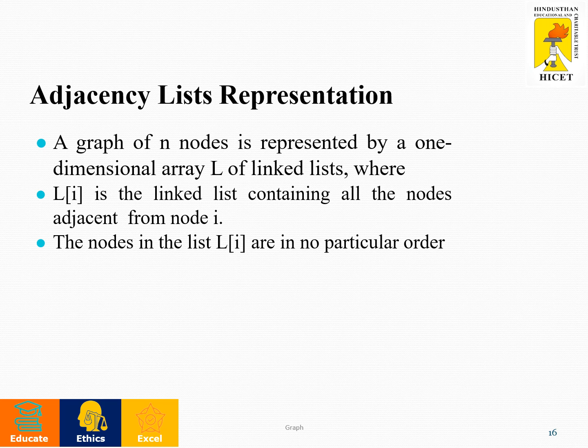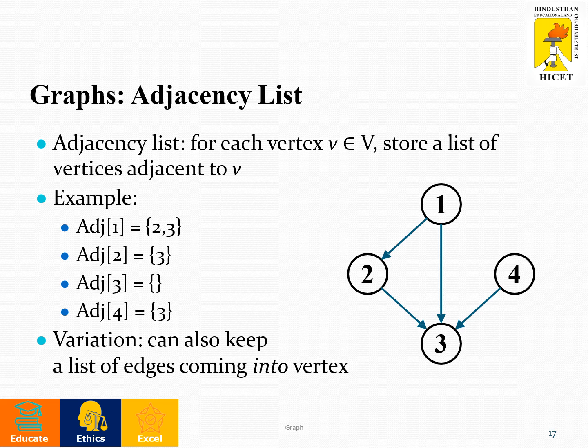And another one is the adjacency list representation, which uses a linked list representation. In that linked list, first you identify the adjacent vertices. You can see here for 1, the adjacent vertices are 2 and 3, and the adjacent of 2 is 3. For 3, there are no adjacent vertices.